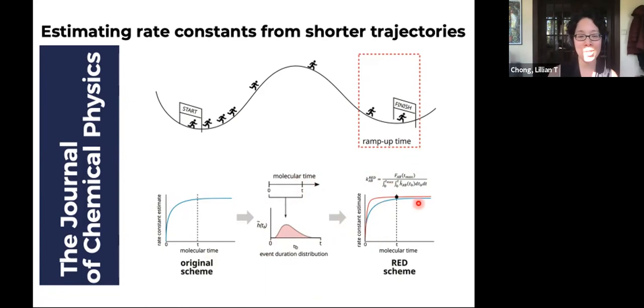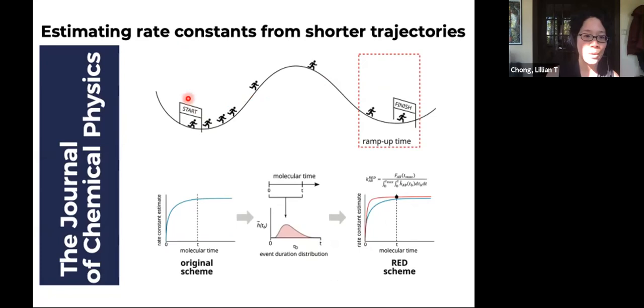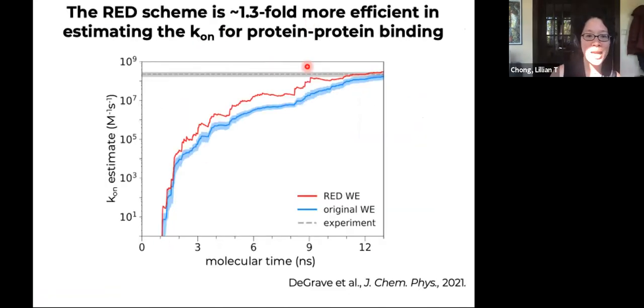And this is akin to making use of the times for the initial runners that finish a race in a cross-country race. So using this scheme, which we called the rate from event duration scheme, the RED scheme, we applied this to the Barnase-Barstar simulation, our protein-protein binding simulation using weighted ensemble.